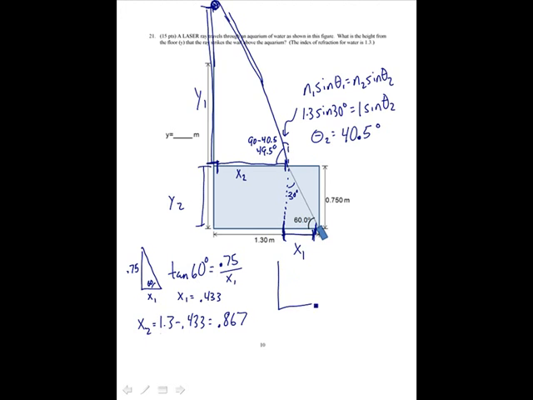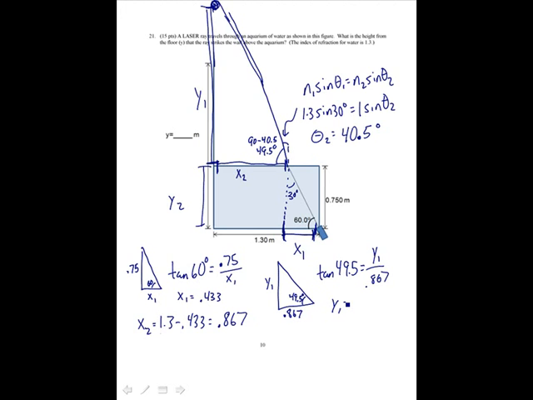And then I want to find y1. So if I draw a triangle here, this is y1, this is 0.867, and this angle is 49.5 degrees. I want to find y1. The tangent of 49.5 is y1 over 0.867.